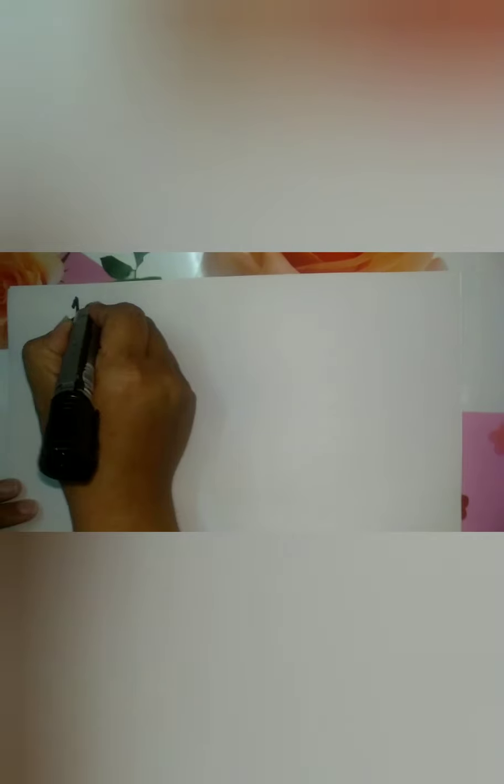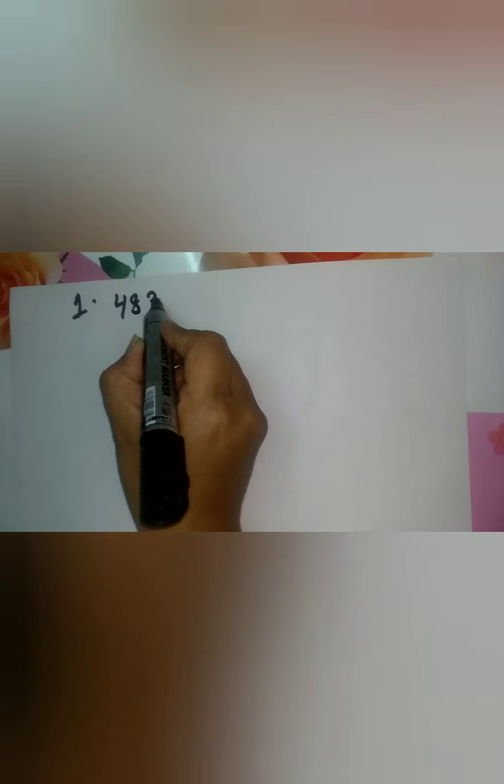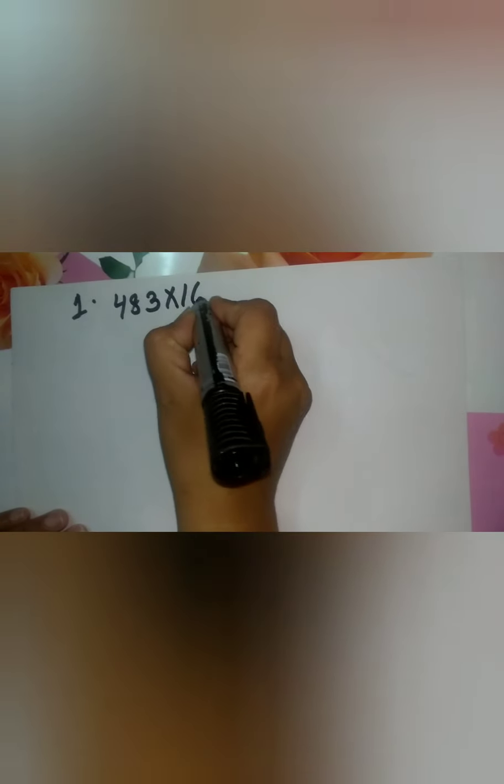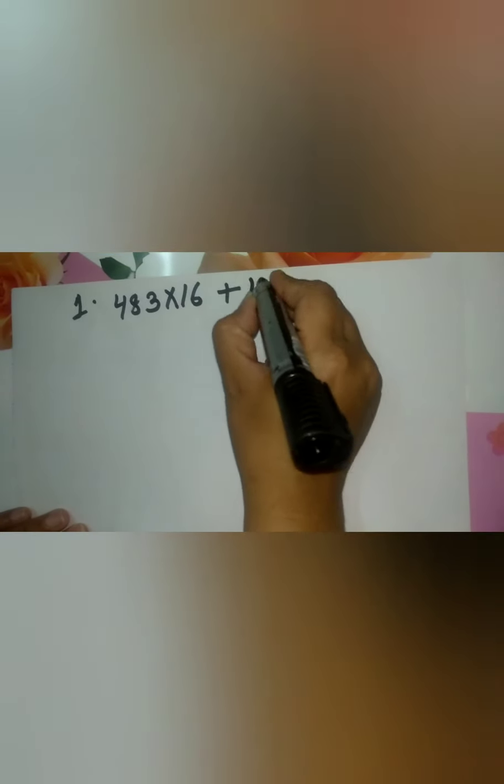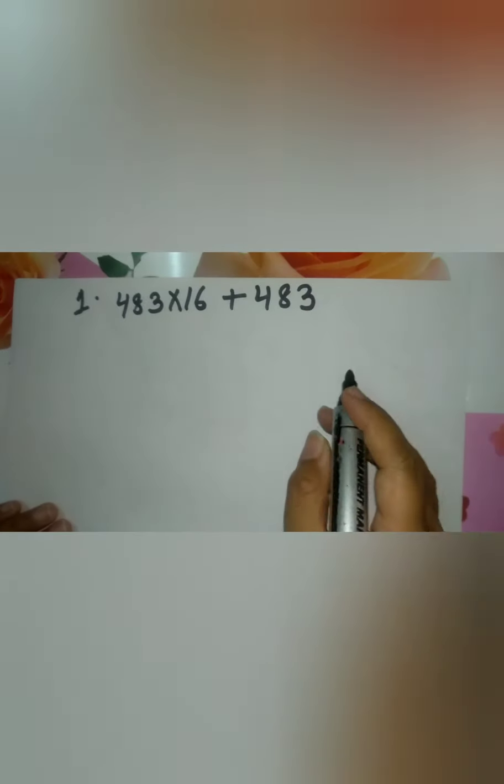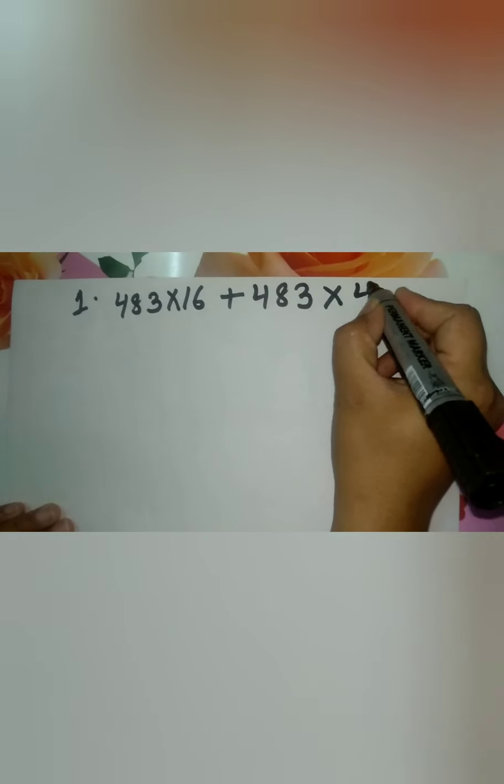So just see. The first example I am going to take is 483 multiplied by 16 plus 483 multiplied by 4.